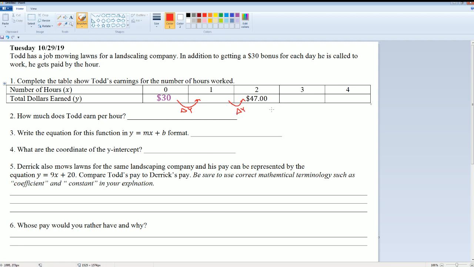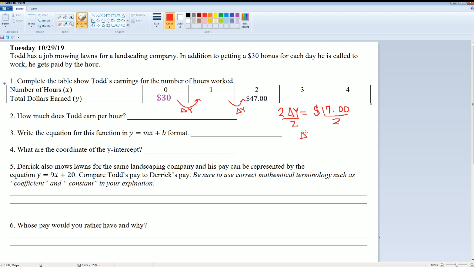There are two delta y's, and the two delta y's equal what number? From 30 to 47, that is 17. But we only want one delta y, so we have to divide this by 2.